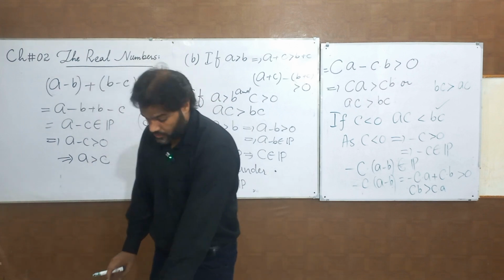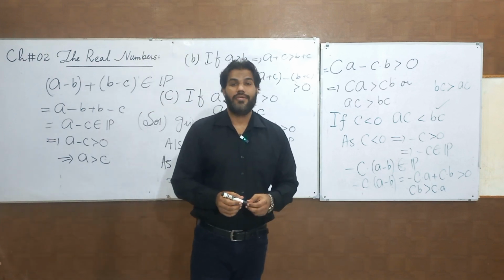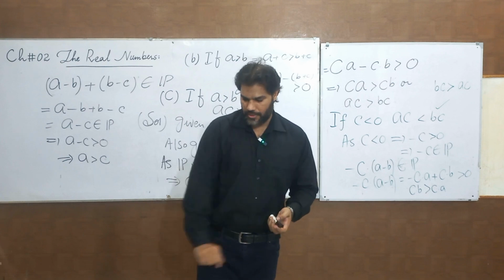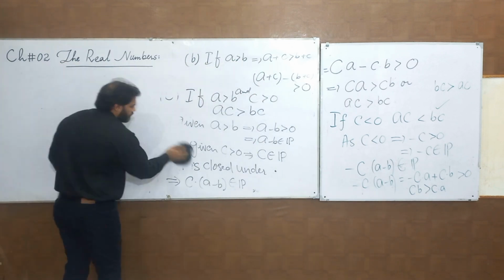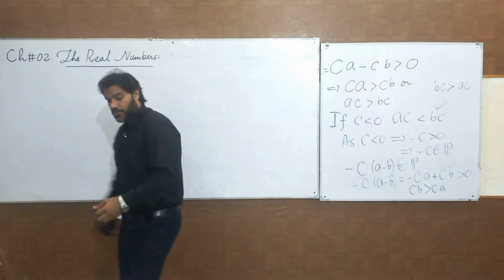Next one is a very important theorem, theorem 2.1.8. In this theorem, we have to show that if A is any real number such that A is non-zero, then its square is greater than 0. Very important theorem.